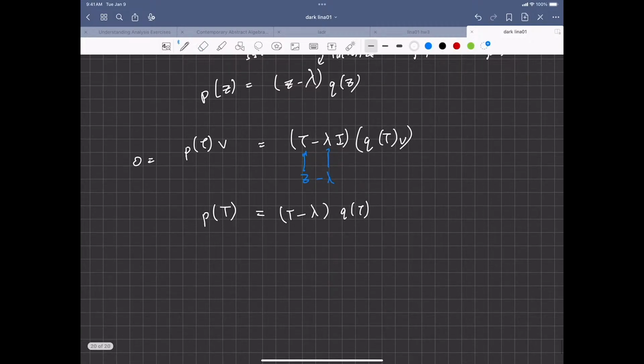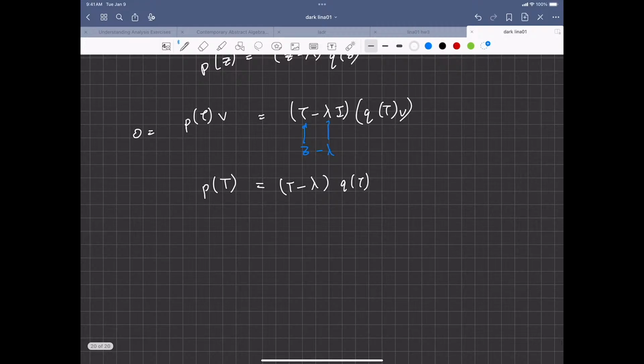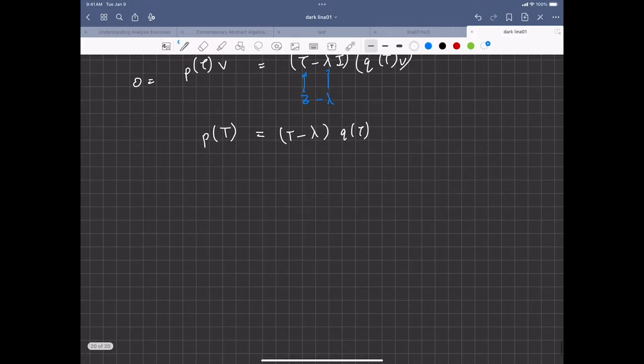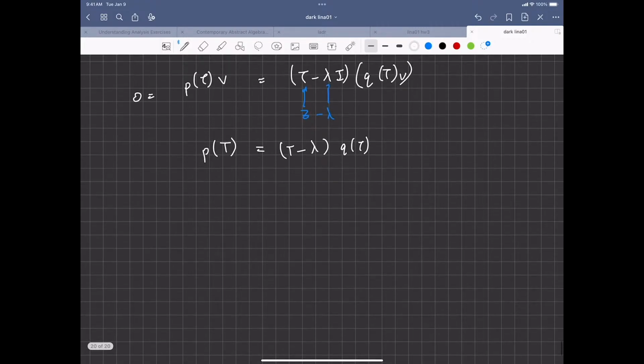We're just swapping out Z for T. And because we're dealing with linear operators here, we need to add the I. Because we're applying to a V, we're adding a V here. So don't get too confused here. What is interesting is that the degree of Q is going to be less than the degree of P, which is pretty obvious, because you factorize it, so the degree is going to be lower.